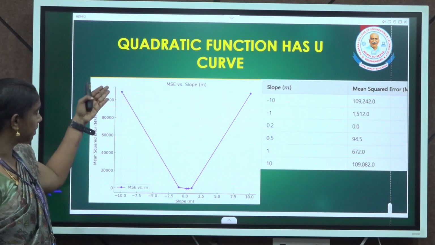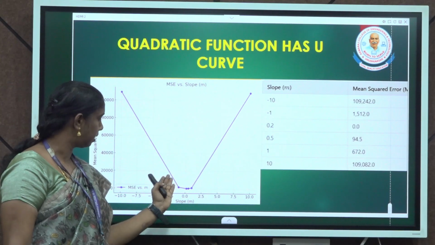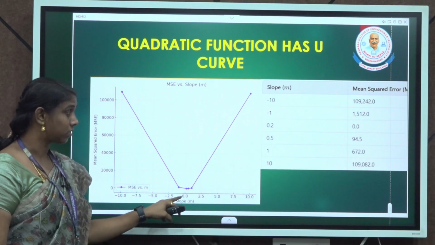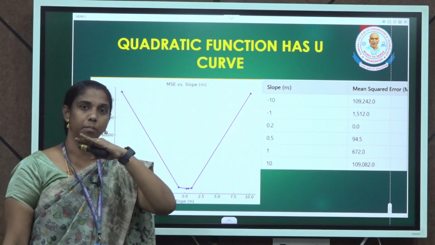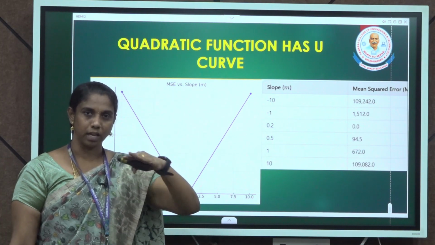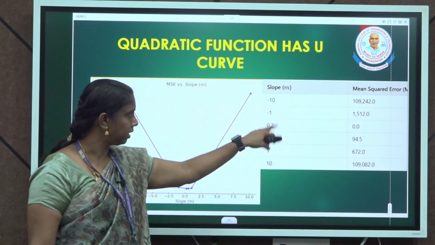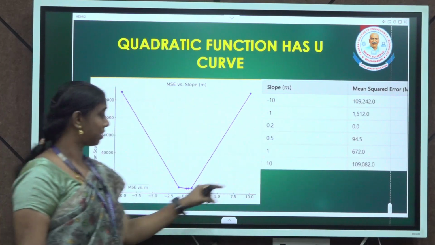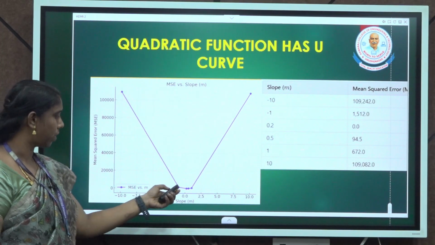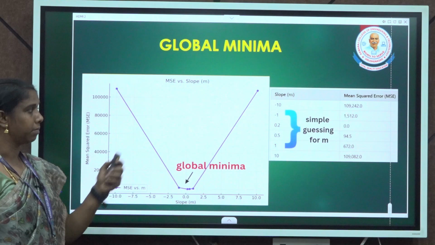This is the high point, this is the low point, and this is the minimum point. Here at m equal to 0.2 the mean squared error is 0, so this is known as the global minima.